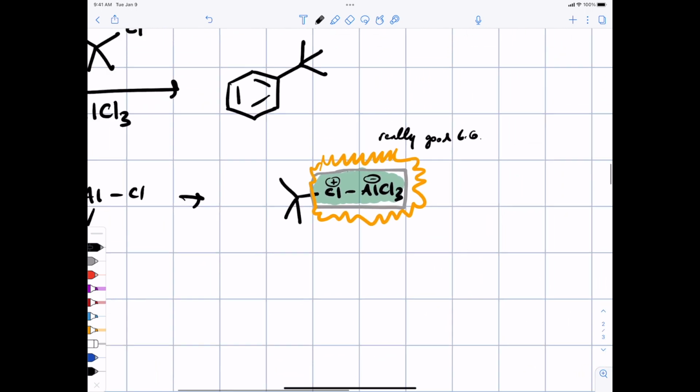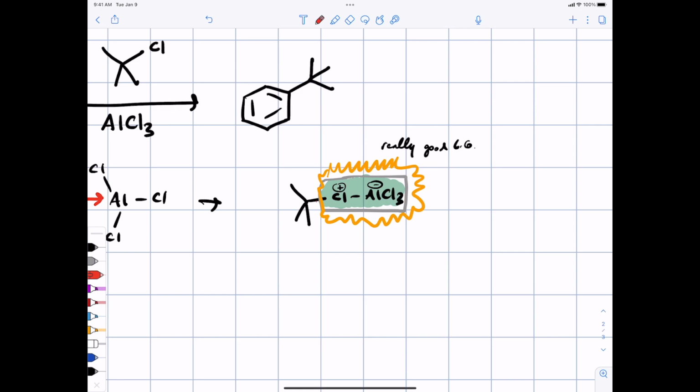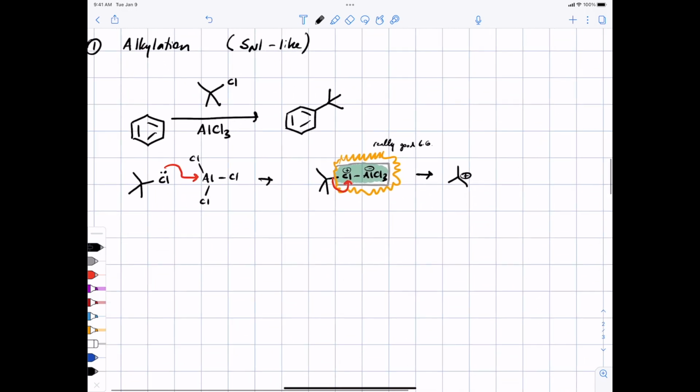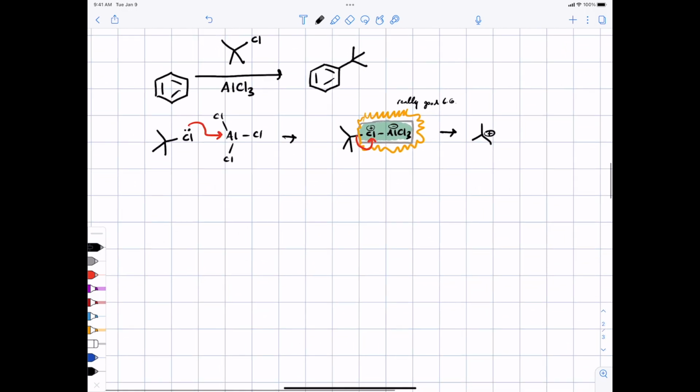And so what will happen is the leaving group leaves to give you a carbocation. And then once you've generated that carbocation, that's a reactive enough electrophile for benzene to attack. So here's the carbocation. Pi electrons from benzene attack to create a new carbon-carbon bond. And this is the SN1 type step that I was talking about, losing the leaving group to get a carbocation.